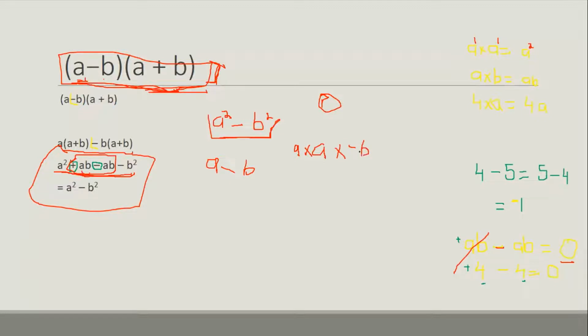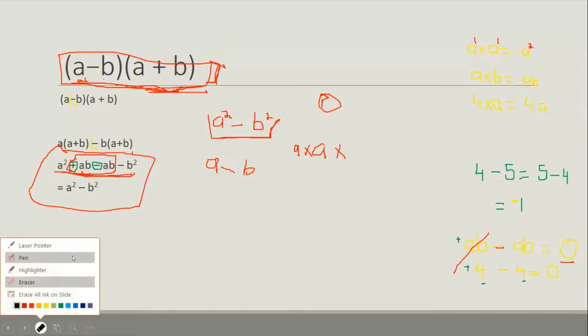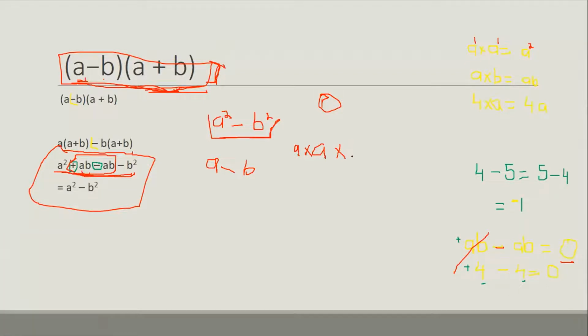Remember that b has to always move with its sign. Times b, then times negative b. The reason why I've left, I think let's just hold it.